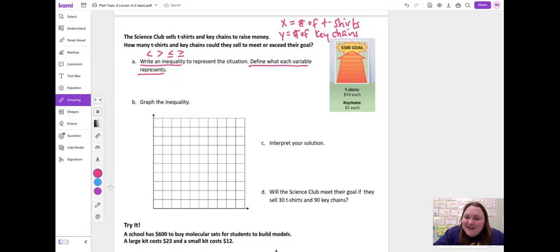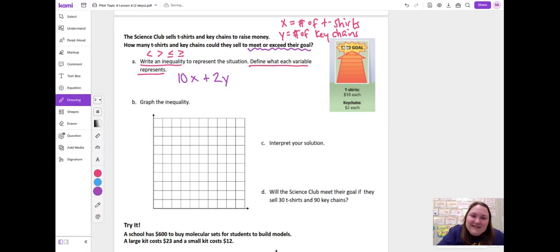When I put that in my inequality, I know they're making $10 for every t-shirt they sell. So 10 times the number of t-shirts gives me that money. They are also making money with keychains, $2 for each keychain. So 2 times the number of keychains gives me that money. And they want to meet or exceed their goal.